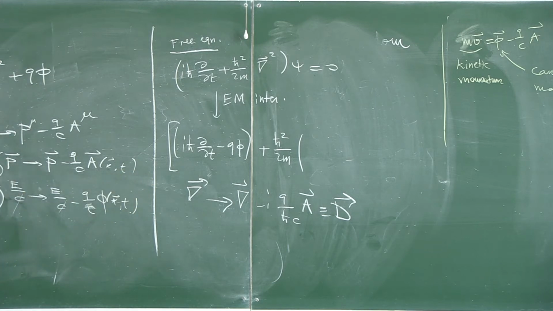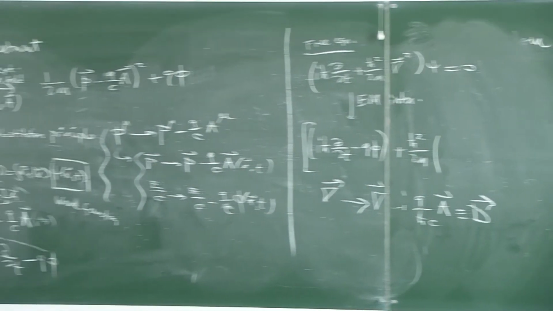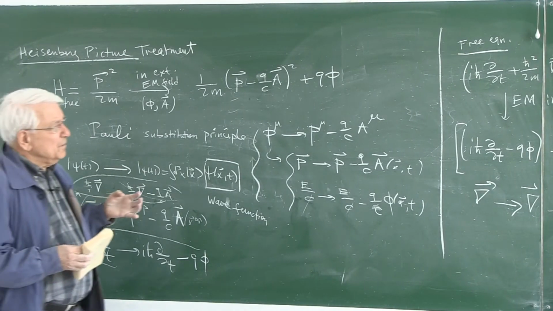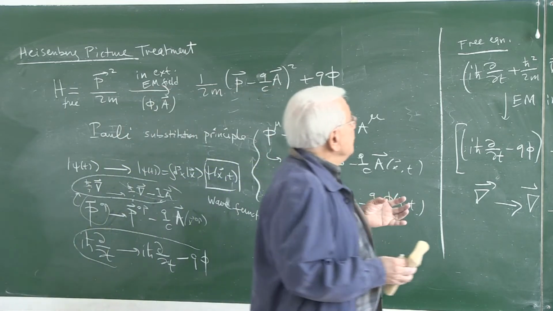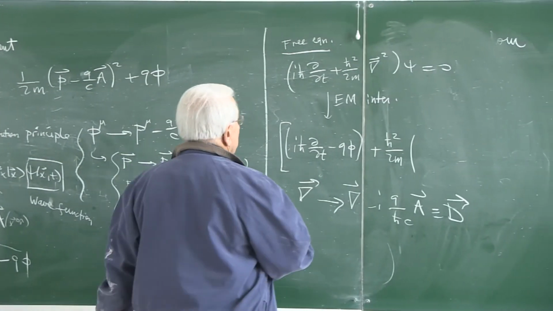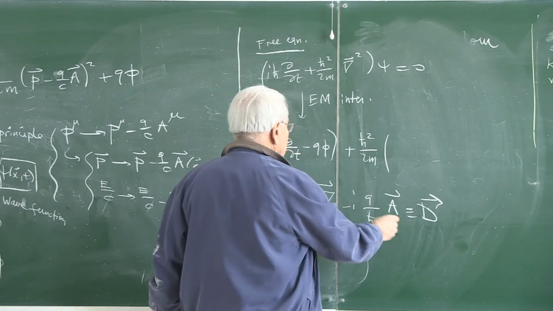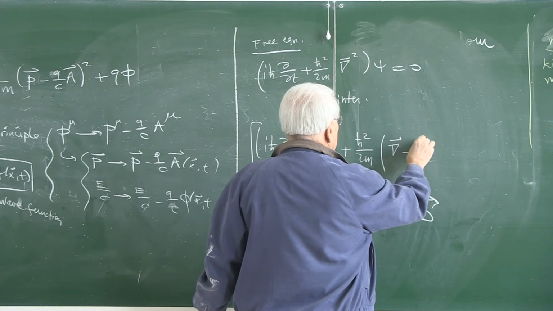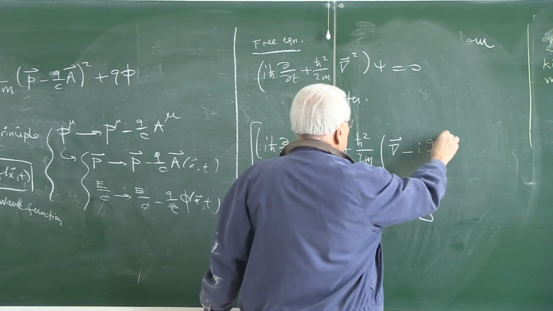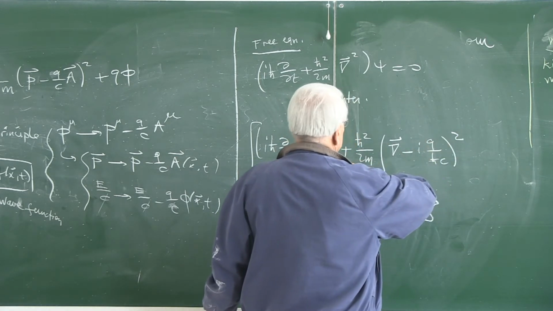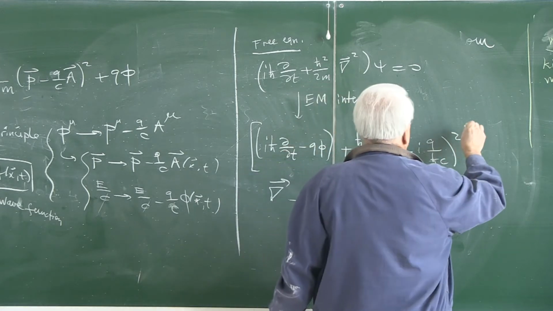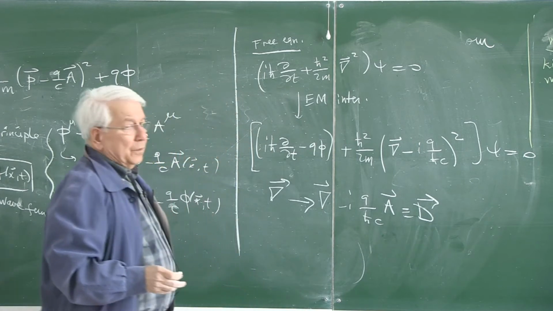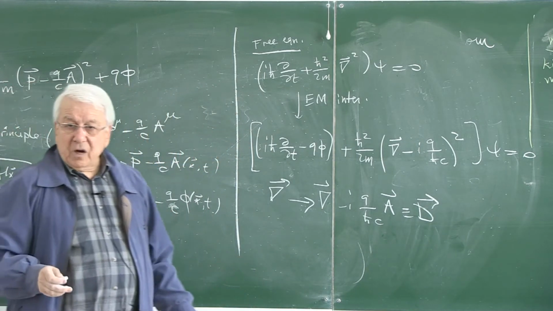Pauli is in terms of the P, or written as such, or in terms of the operators in the space of functions of x. So if you want, you have a similar thing here as well. Let me write this here, and then I will proceed. D minus i q over h bar c A, squared, psi equals 0. That is the new equation now, involving the electromagnetic interaction.